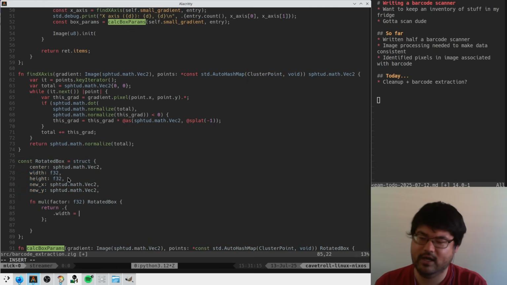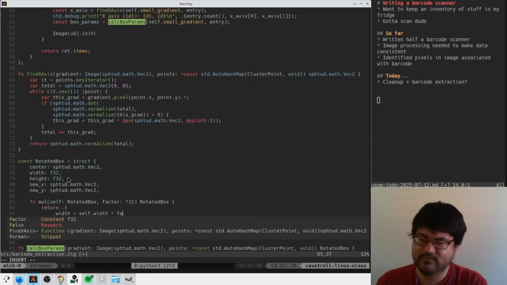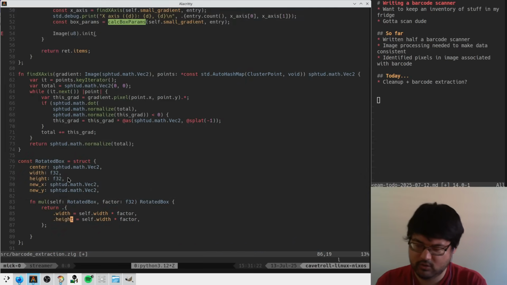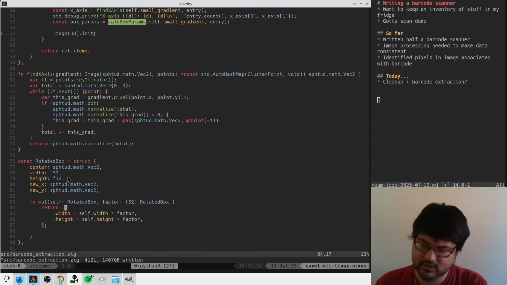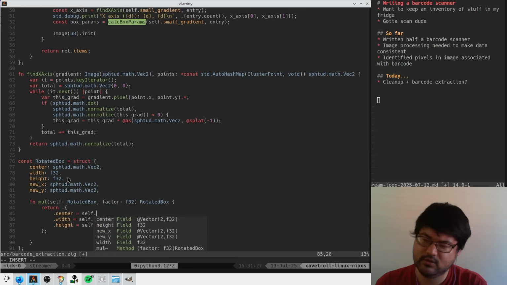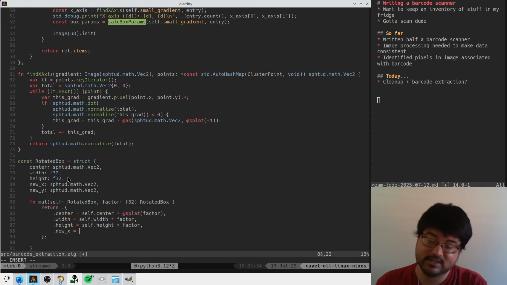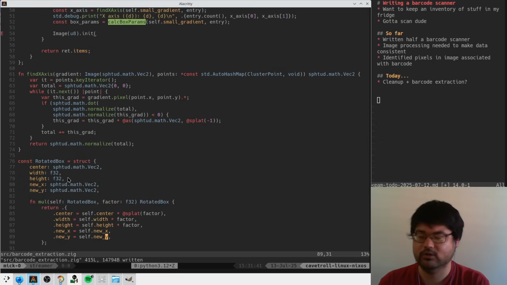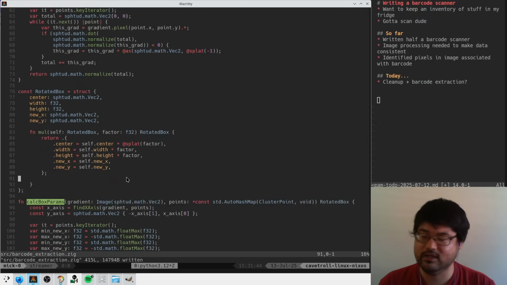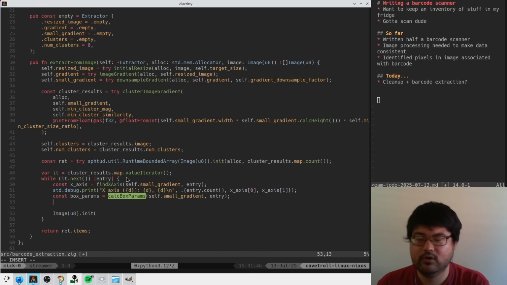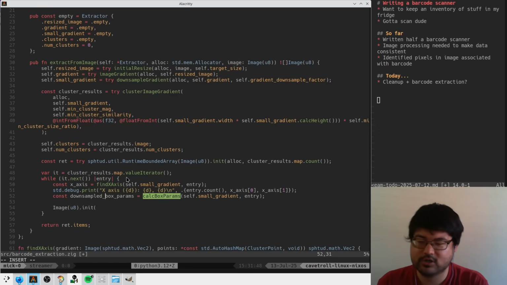So width is width times factor. Width and height grow with the factor. The center also grows. But the directions stay the same, because these should be length 1 in any space. So this is downsampled box params.